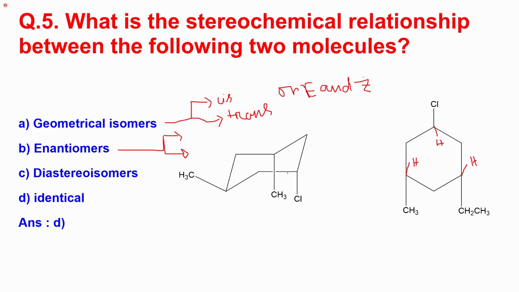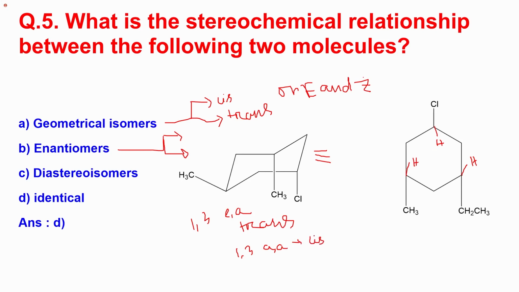So if you see 1, 3 axial, CH3 and CH3. So 1 comma 3, if you see equatorial and axial, that means this is a trans. And 1, 3 axial and axial, that means this is a cis molecule.